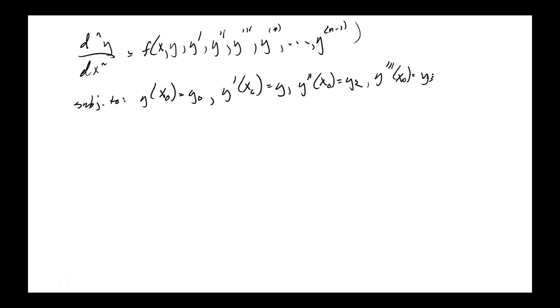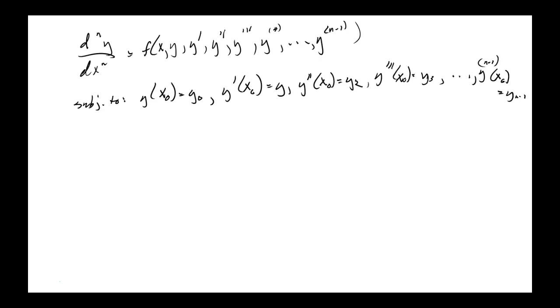And so on and so forth, up to and including the n minus first derivative of y, at that same value x0, which is going to be some y of n minus 1. Okay?